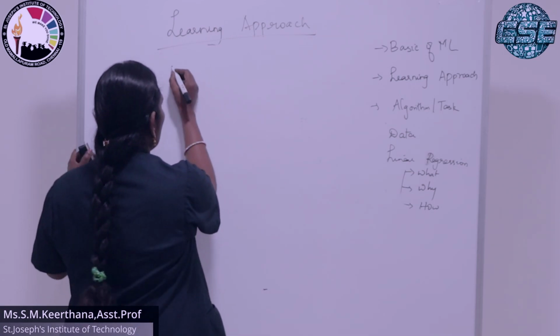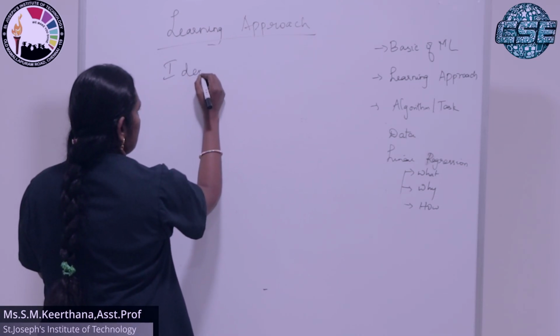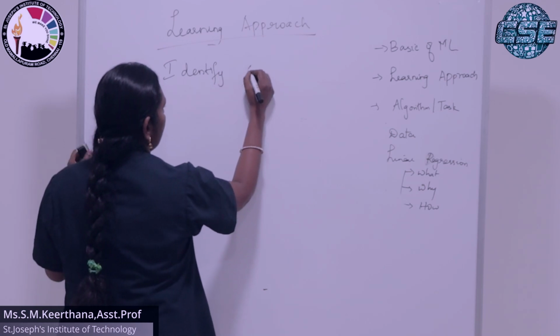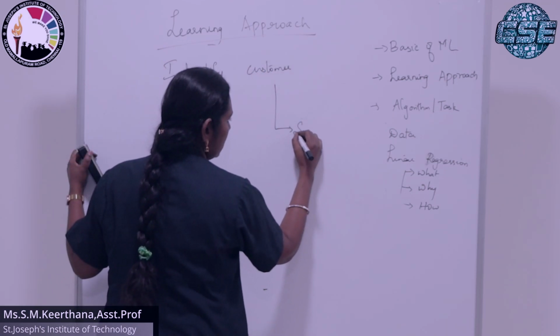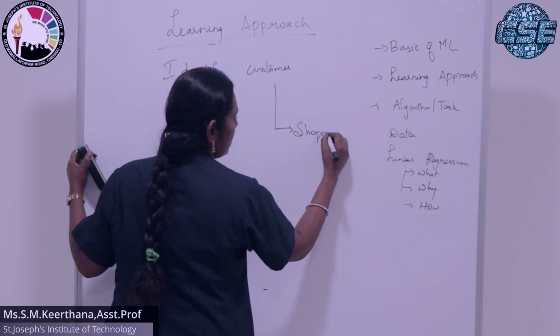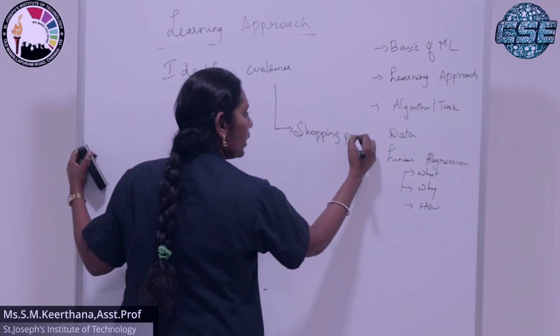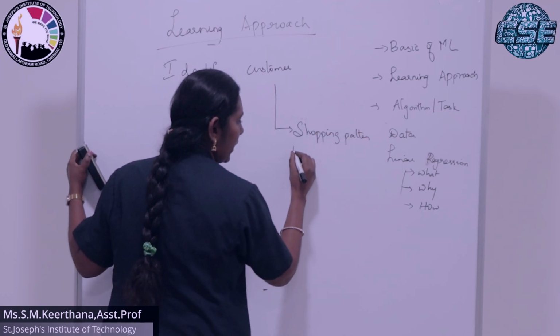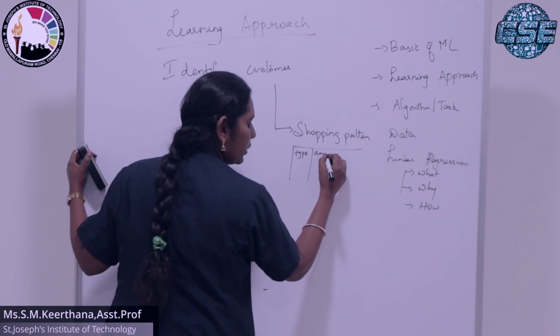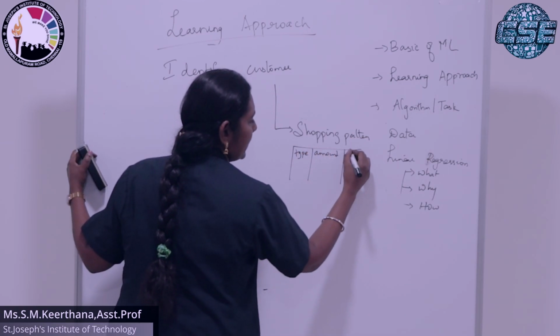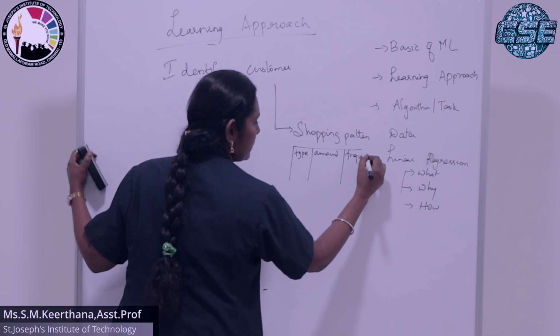Firstly, we have to identify the customer. Based on what do we have to identify? Based on the shopping pattern. When it is a shopping pattern, we could have data like what type of dresses they select, how much amount they purchase, and the frequency of visit.